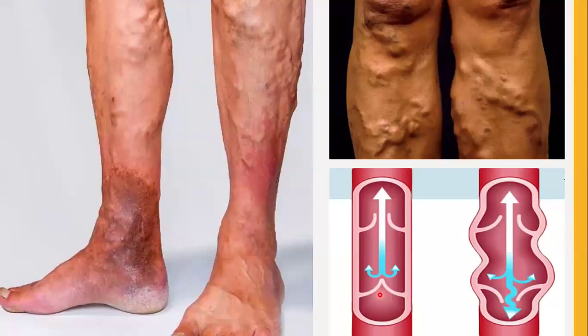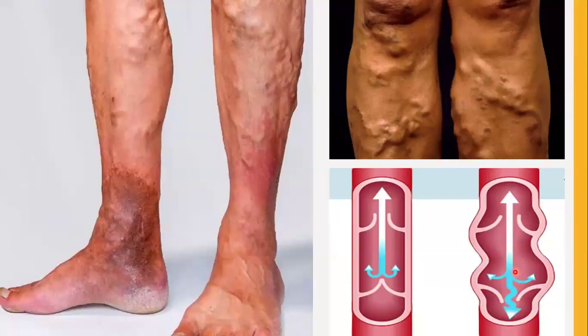What therefore happens if the valves of a perforating vein or the valve of a superficial vein become incompetent, like in this one? If you have an incompetent valve, that valve will allow backflow.